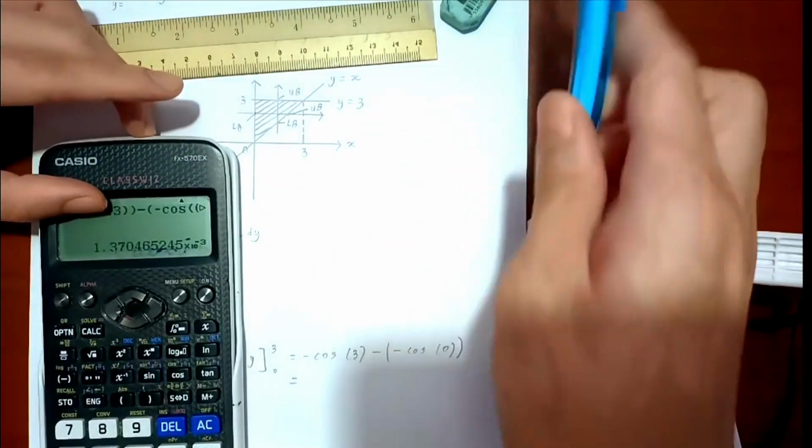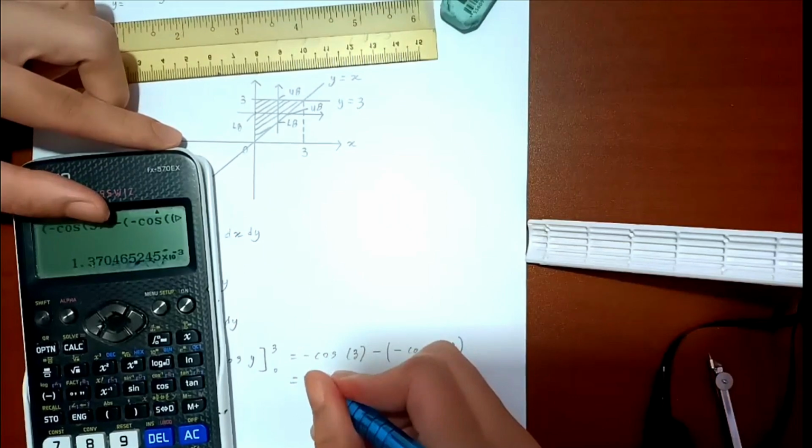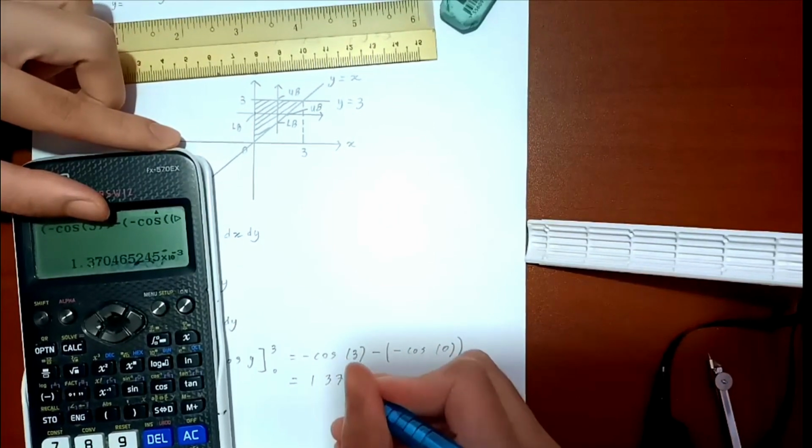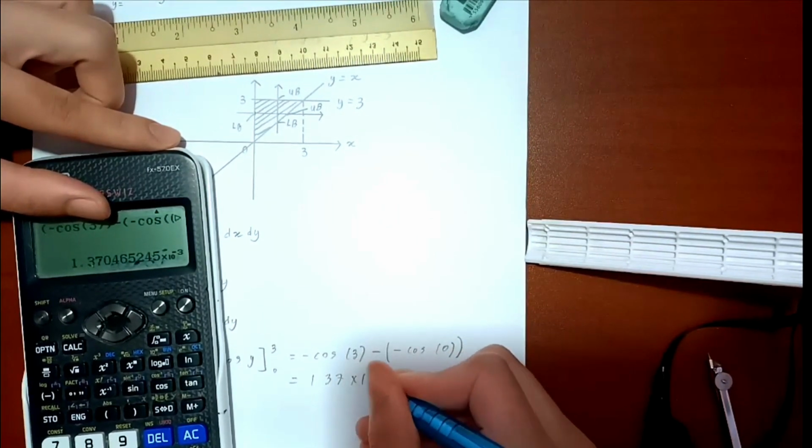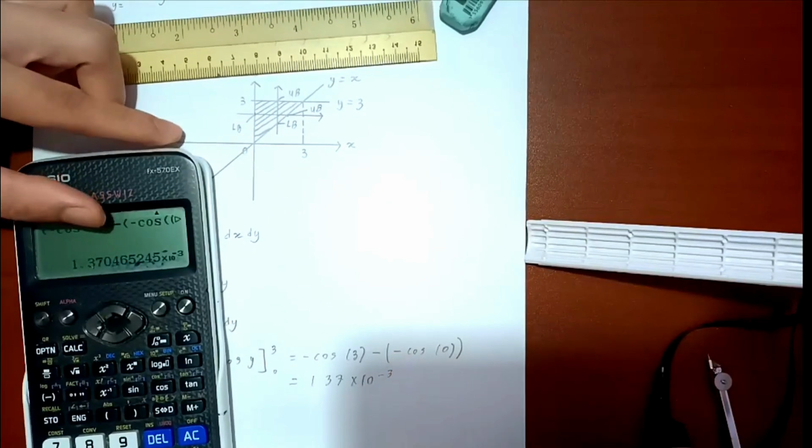So you should get the final answer is 1.37 times 10 to the power of negative 3.